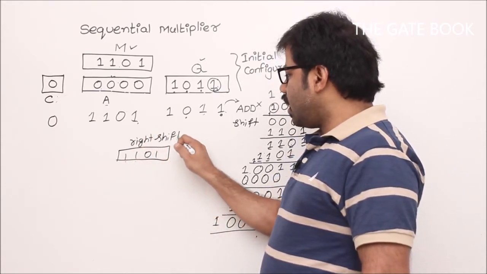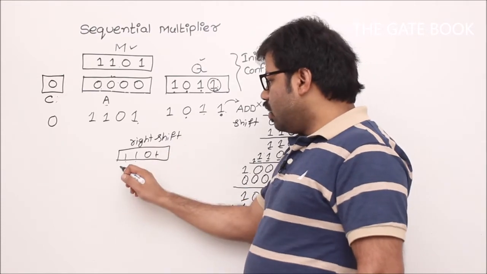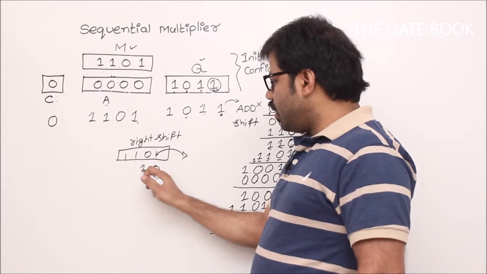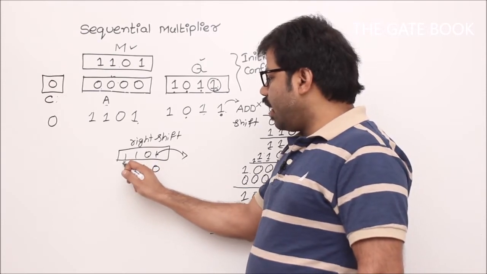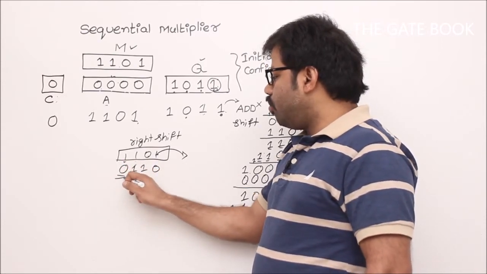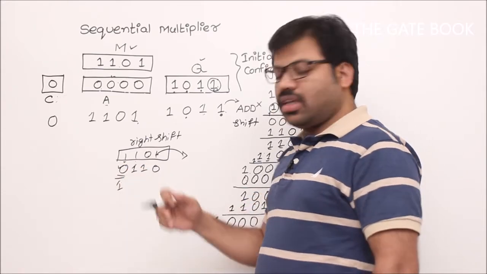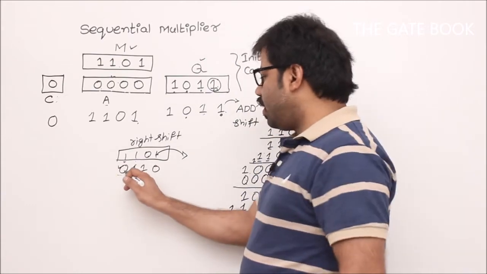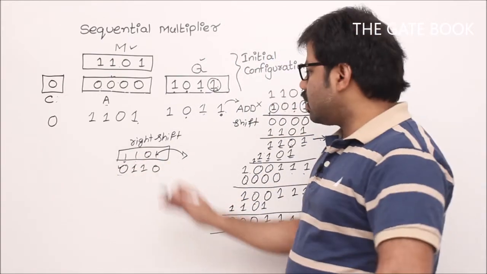Whenever right shift is done, this 1 will go this side, this 0 will come here, this 1 will come here, this 1 will come here. In the empty place, you can either put 0 or 1, depending on your logic. For our purpose, we need to fill 0. So this is called right shift.